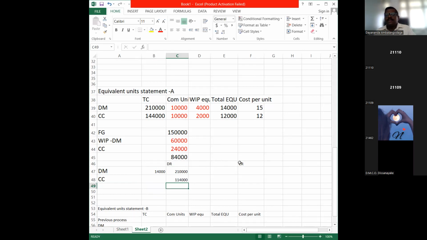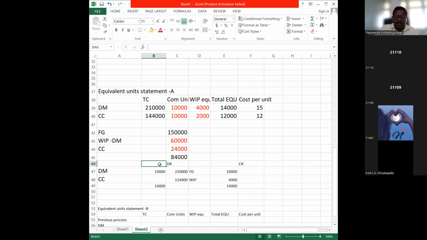With regard to the credits, you see the finished goods, according to the question 10,000, and WIP closing carried forward, WIP is 4,000. So that is how your total input columns tally with 14,000. Can you remember the unit columns I discussed on the first day?